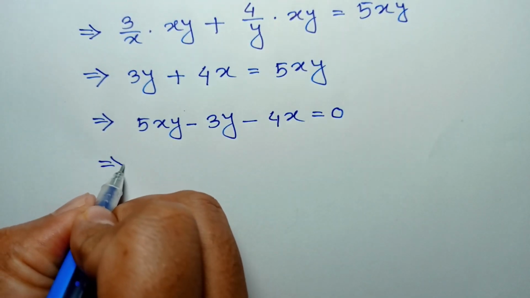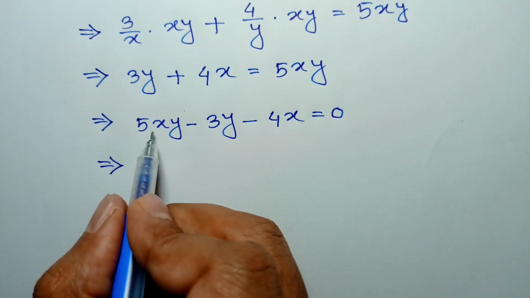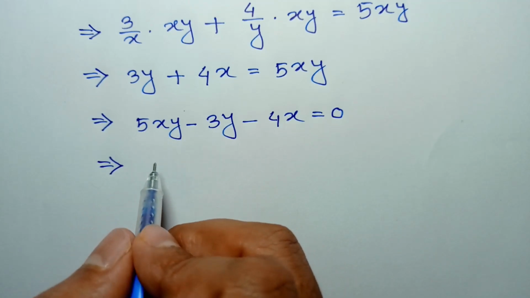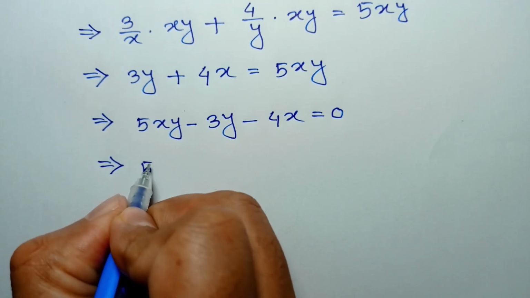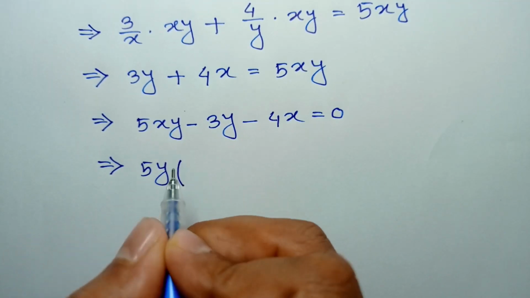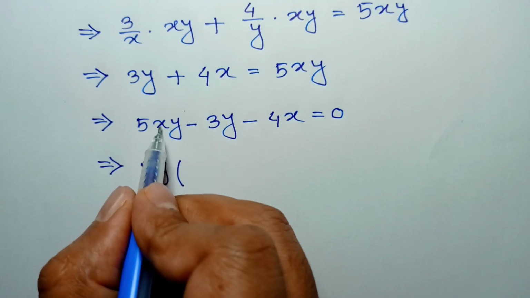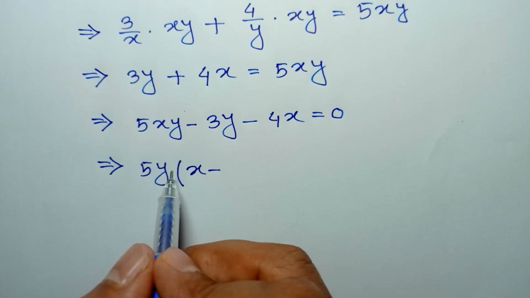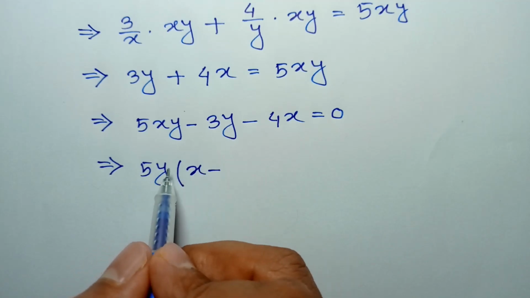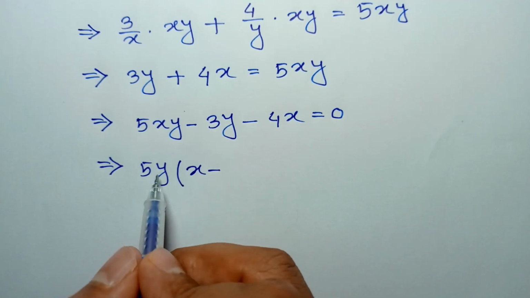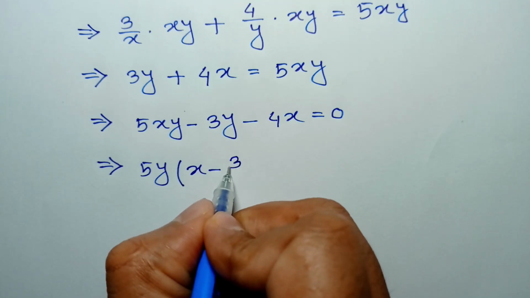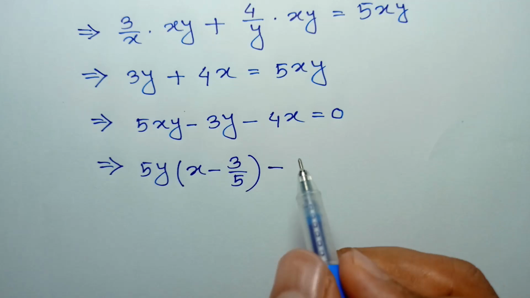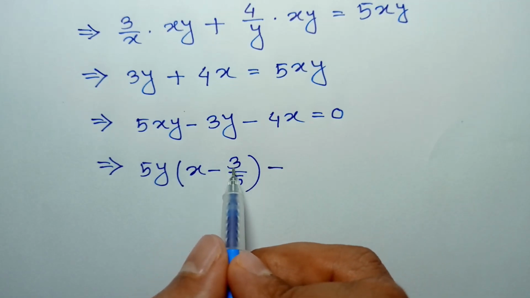Now taking common 5y from the first two terms, we can write 5y times x minus 3y over 5y. This y will cancel out, so it will remain 3 over 5, so x minus 3 over 5.